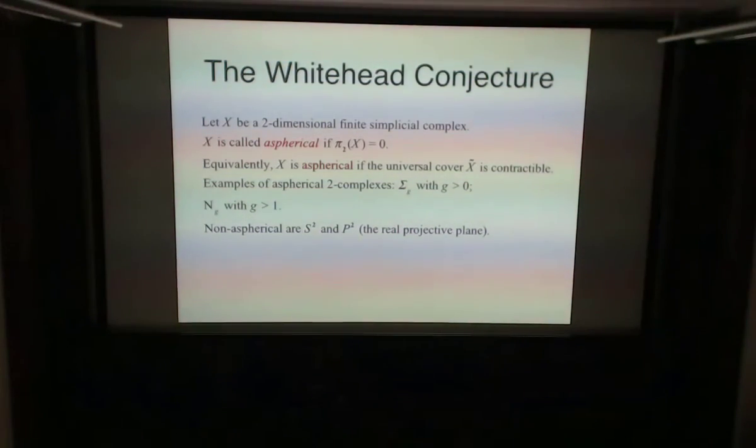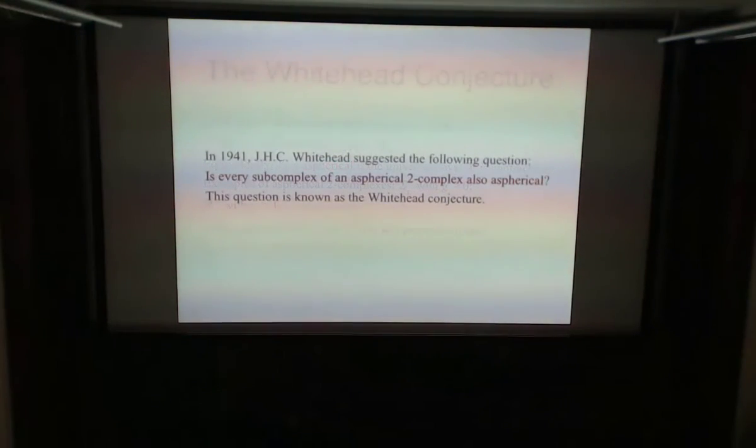So what is the question? In 1941, Whitehead suggested the following question: is every subcomplex of an aspherical 2-complex also aspherical? It's a very simple question, and it's still open. It is known as the Whitehead conjecture.